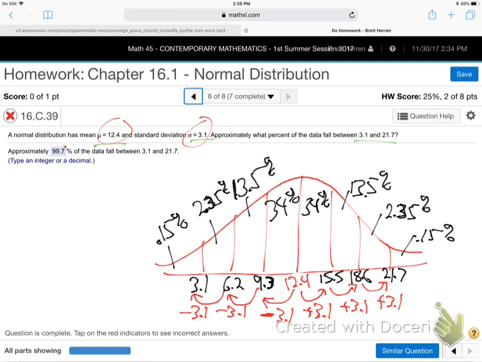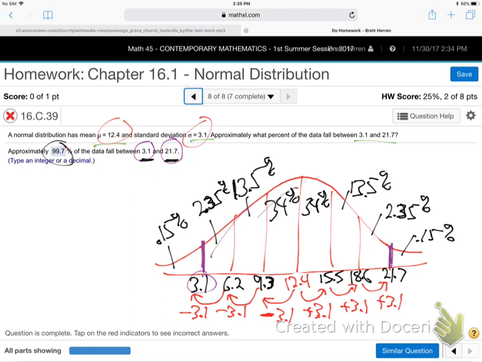So now, what's their actual question? Approximately what percentage, I've already answered the question, but suppose it wasn't there, fall between 3.1 and 21.7? Well, do you see those? Those are not percentages, so we look on the bottom for those, right? 3.1 right here, this line. And 21.7 right here, that line.